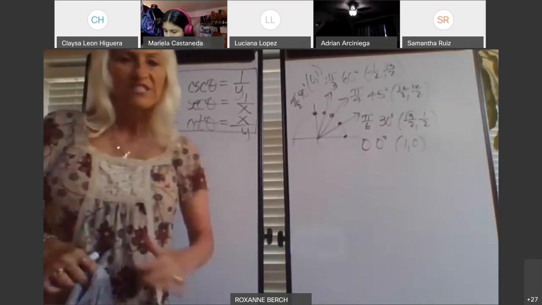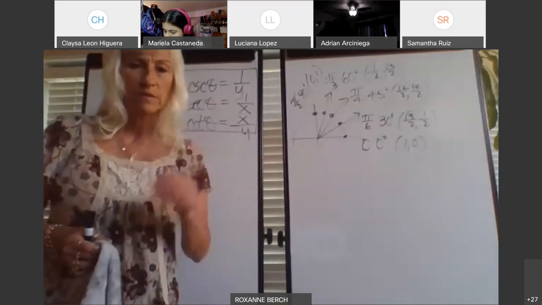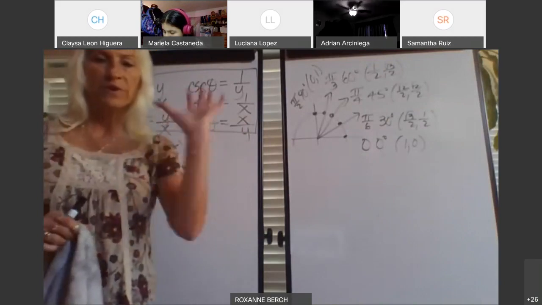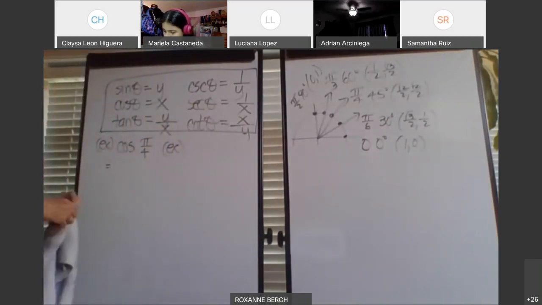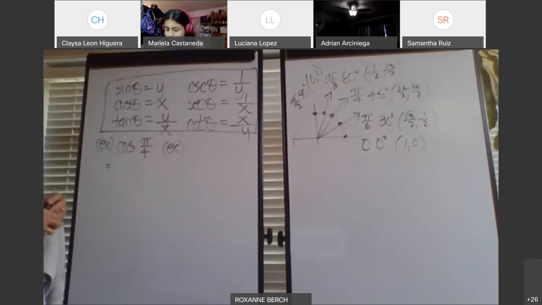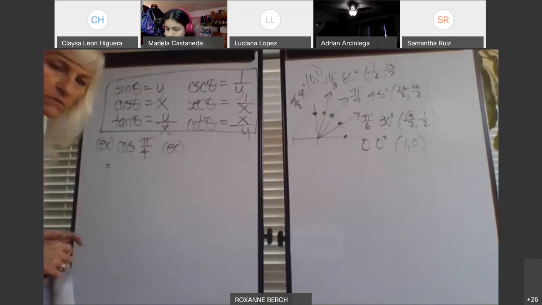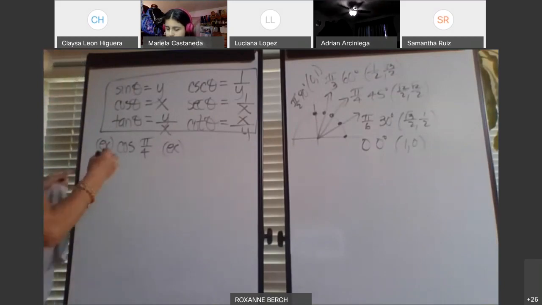And we're going to go faster and faster. Okay, so we're going to start out slow, then we're going to speed it up. All right, so somebody unmute yourself and tell me, what is the cosine of pi over 4 when you're evaluating the trig function? Square root of 2 over 2. Right.